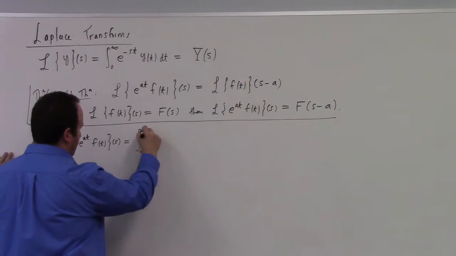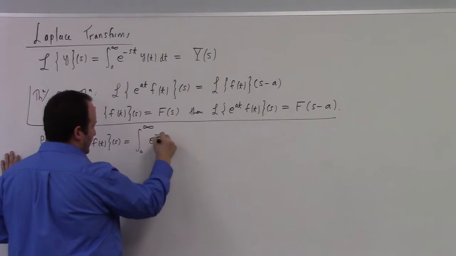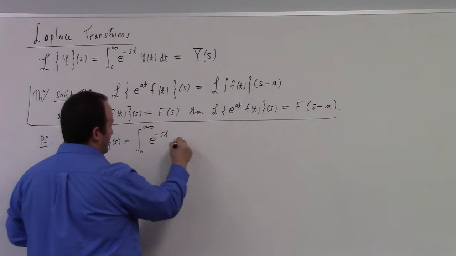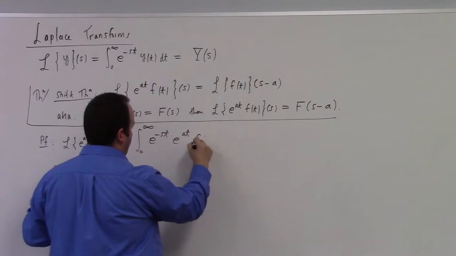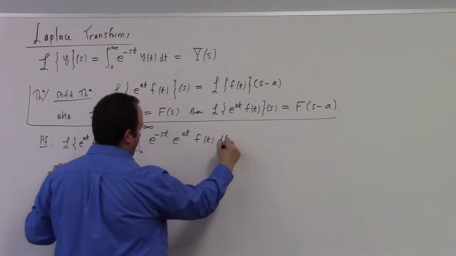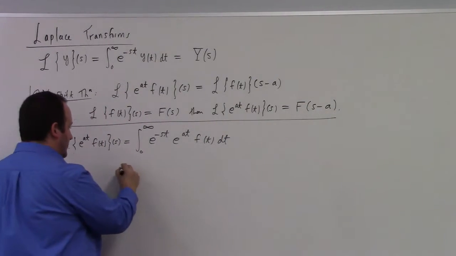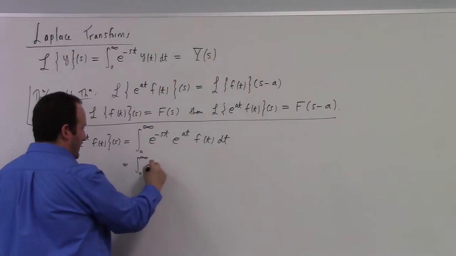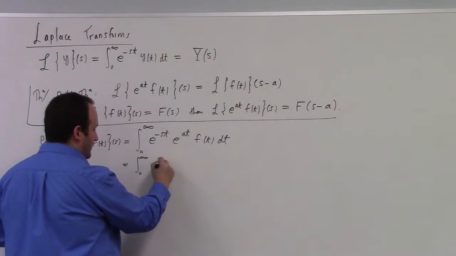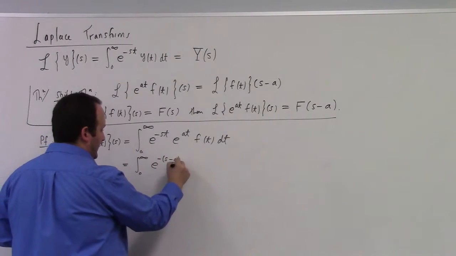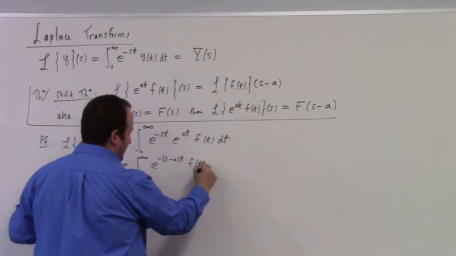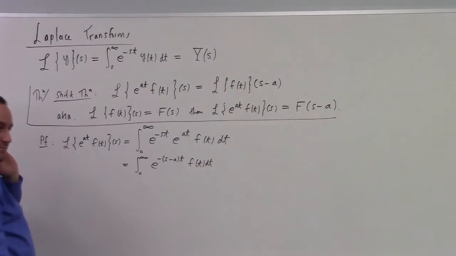Well, that's the integral from 0 to infinity of e to the minus st, by definition, times e to the at f of t. Then use the law of exponentials. That's e to the minus (s minus a) t, f of t dt. Nothing much going on here so far.